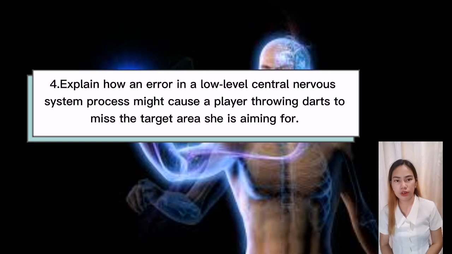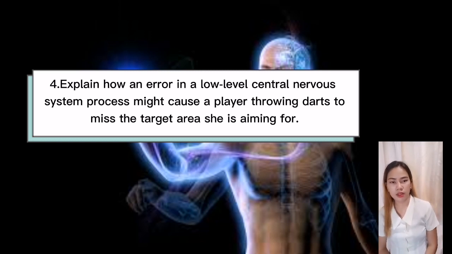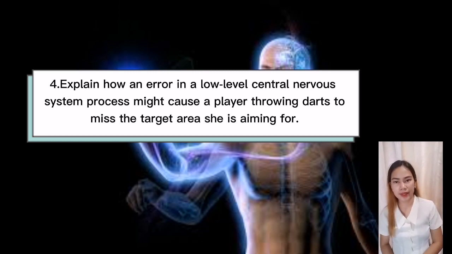An error that a player throwing darts might encounter at a low level of central nervous system process, causing her to miss the target area she is aiming for, is difficulty processing the command in her mind, because we all know that the central nervous system controls most functions of the body and mind. Performing the throwing task in a virtual environment activates more areas of multisensory integration.